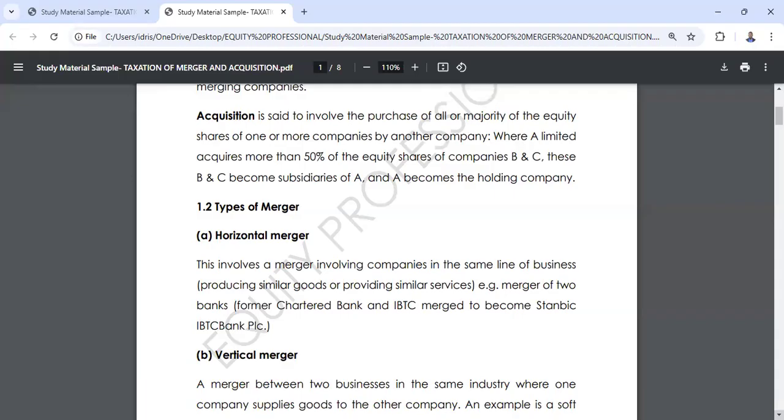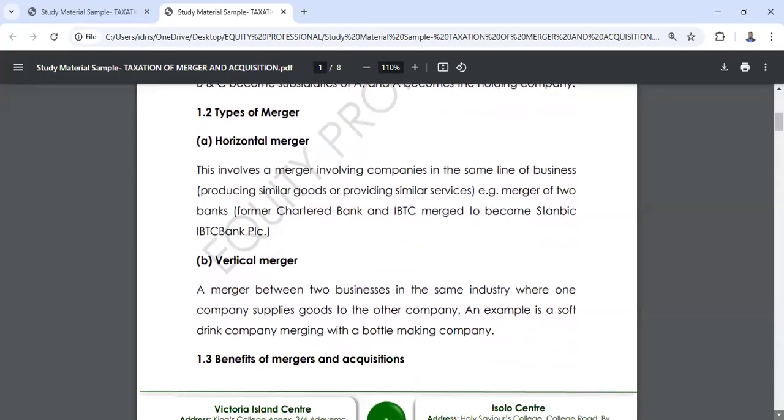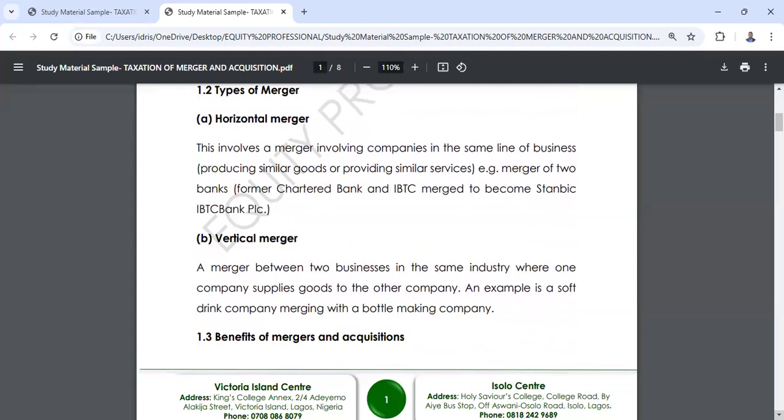Now, what is vertical merger? Vertical merger simply means a situation where two companies in the same industry, but different line of business, join together to become a large company.